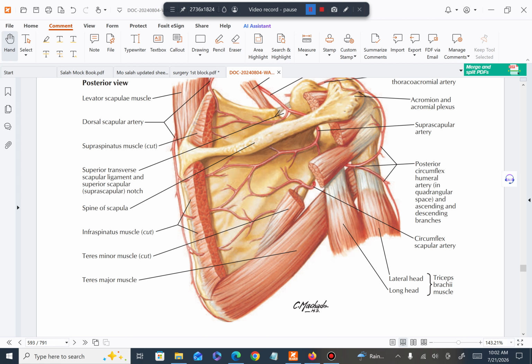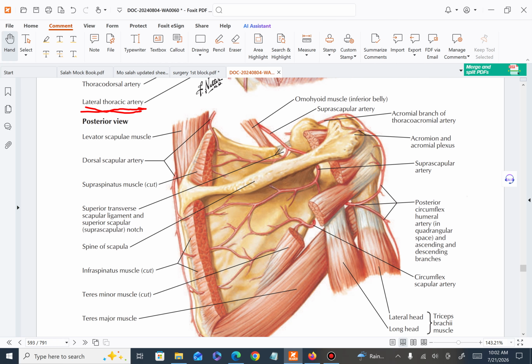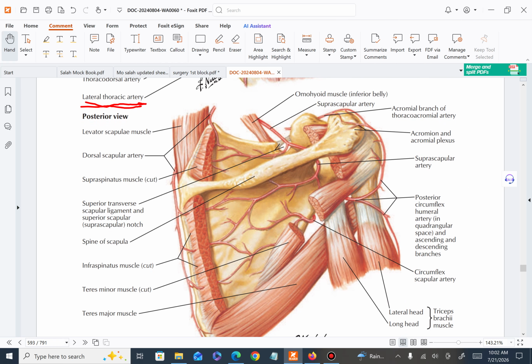Before discussing the brachial artery, let's talk about the anastomosis around the scapula. The anastomosis around the scapula basically connects the first part of the subclavian artery to the third part of the axillary artery.